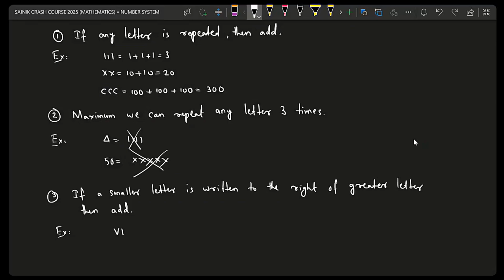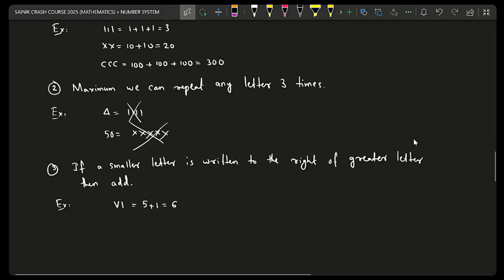So V is greater or I is greater? V is greater. So which one is smaller here? I is smaller. Always we have to check the smaller one. So the smaller one is there on the right of V or left of V? It is there on the right of V. So whenever a smaller letter is written to the right of a greater letter, then we are going to add. So the answer for this will be 5 plus 1, which is going to be 6.